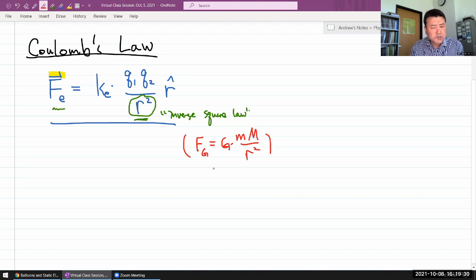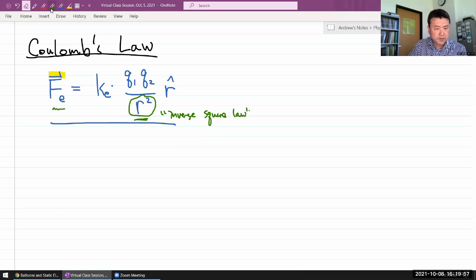And in terms of mathematical form, the electrostatic force, Coulomb's law, is very similar to Newton's law of universal gravitation. They are both inverse square laws, and they are both conservative and so on. So that's the first piece of information that's embedded in this one line of equation telling you about Coulomb's law.